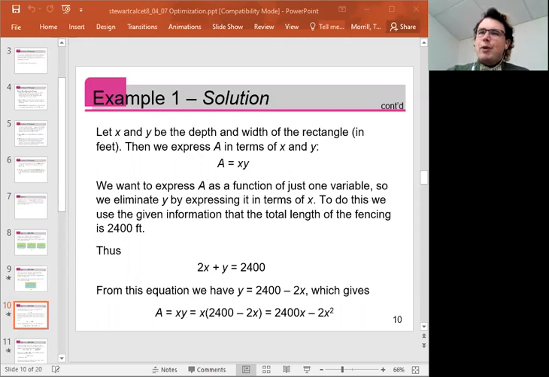So again, a little contrived, but whenever you work on an optimization problem, you want to understand the constraints of your problem. What are the real world things that are tying us down? Why can't I just build a field as big as I can? Because I don't have infinite fencing.